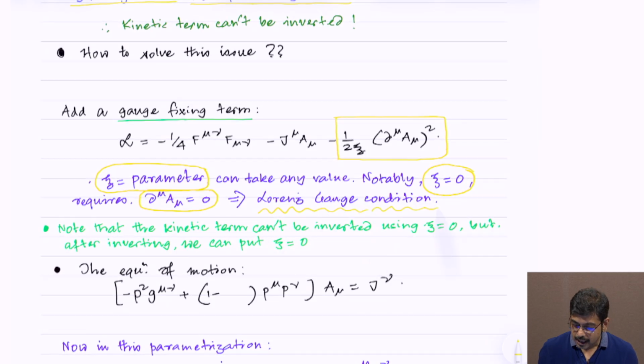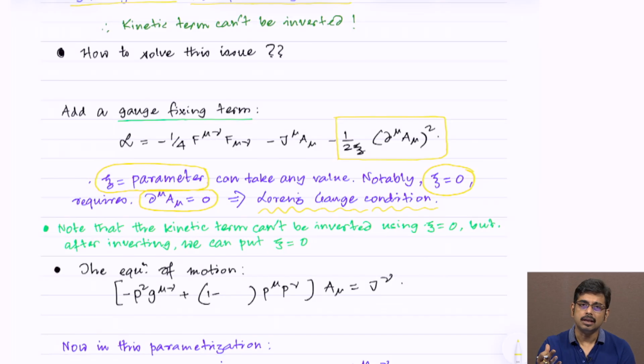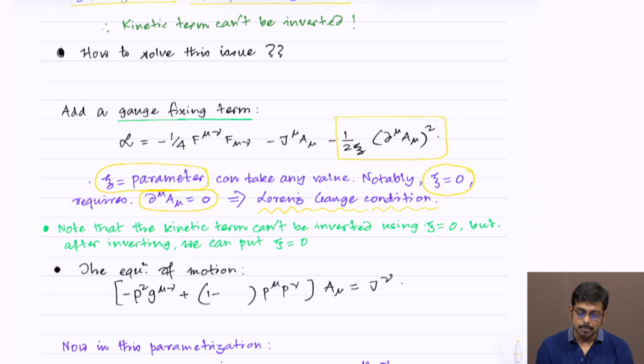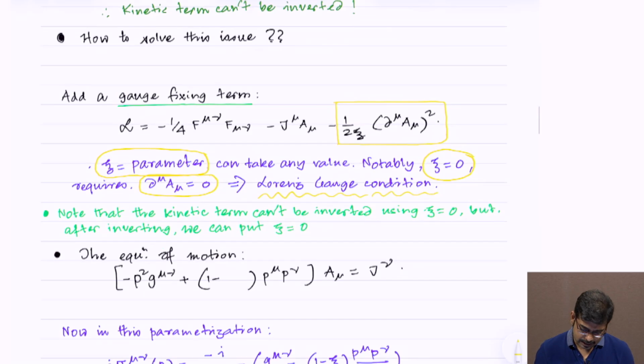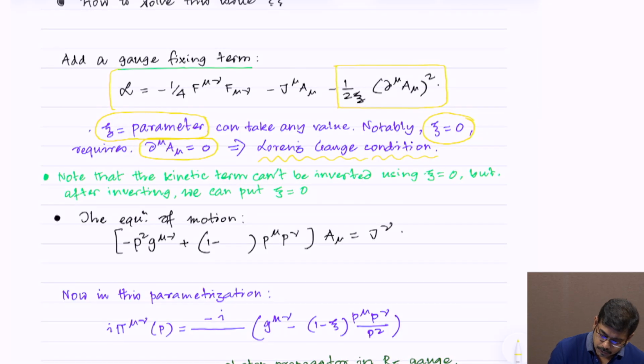So, you can say that fixing ξ will give me a gauge fixing condition. For example, ξ equal to 0 has to have ∂_μ A^μ equal to 0, which is the Lorentz gauge.